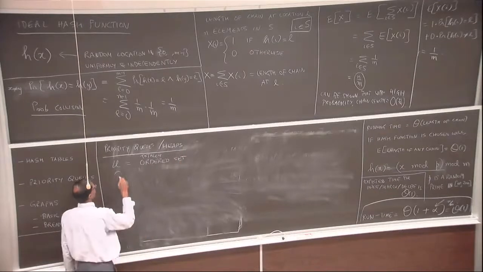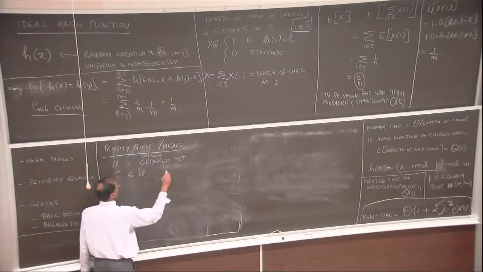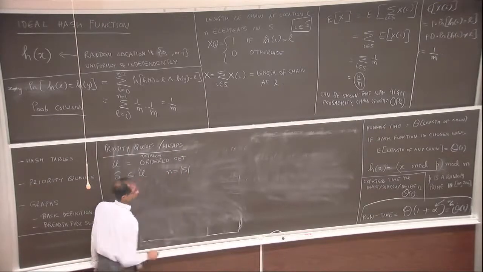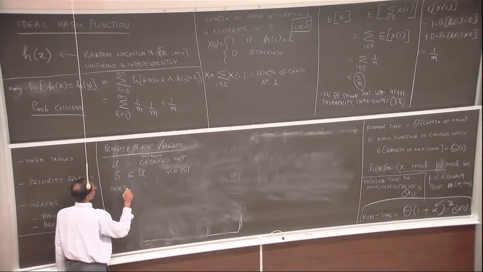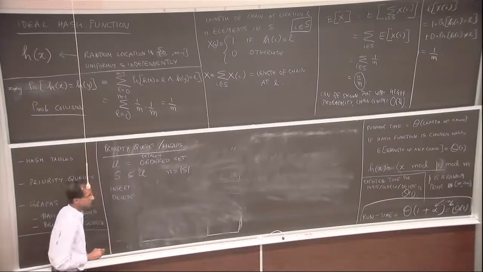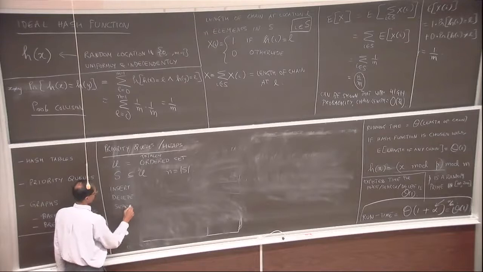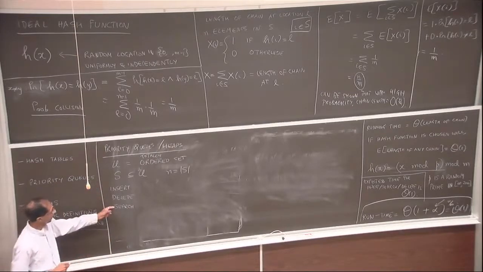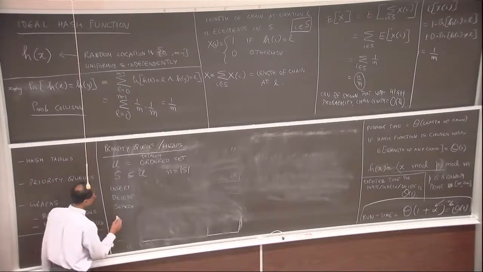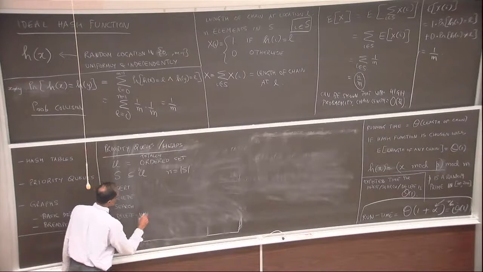The set S we are maintaining is some subset of U. And let's say n is the size of S. The kind of operations you want to do: insert, delete, search, possibly, we'll have to see whether we can handle this or not. And one operation that we'll often use in this case is delete the smallest element.